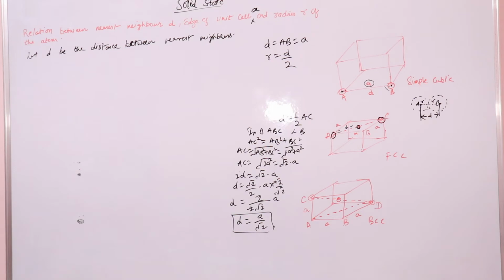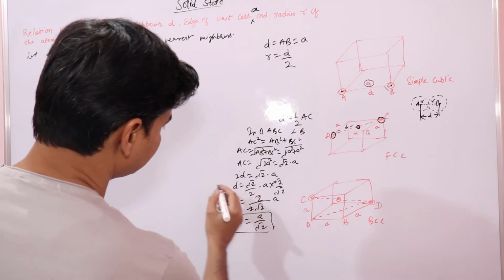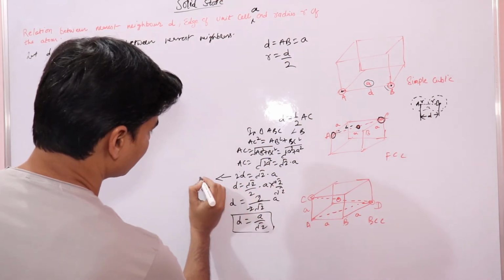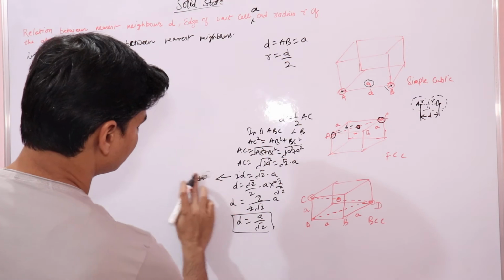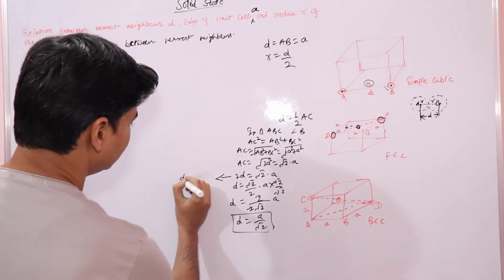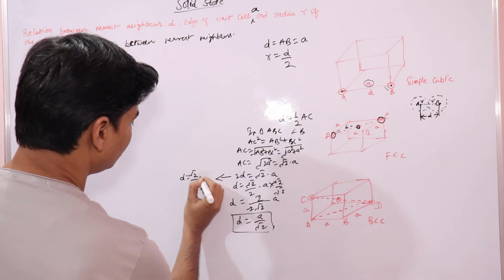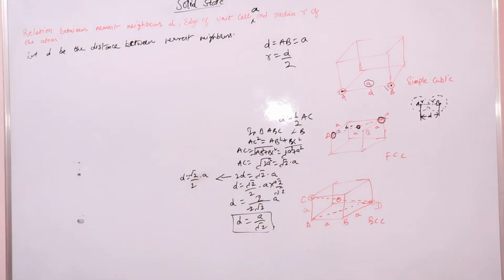Right. So AD squared is equal to AB squared plus... R is equal to A upon 2 root 2. I'm sorry. In the first equation we have D is equal to root 2 upon 2 times A. This is what we have got, right?